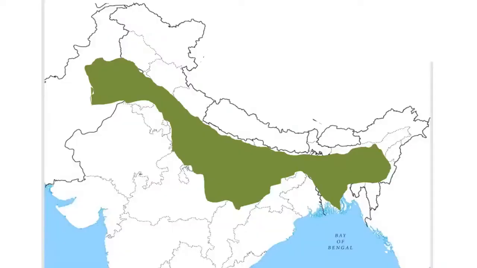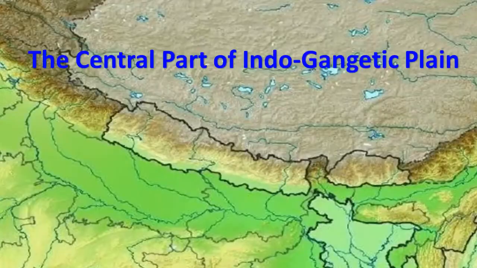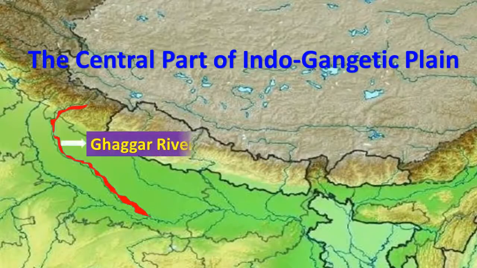Let's have a look at the central part of the Indo-Gangetic plain. This central part is known as the Ganga plain. It extends from the river Ghaggar to Tista.